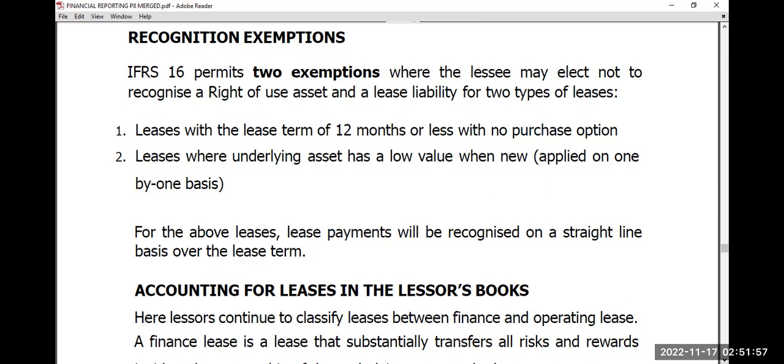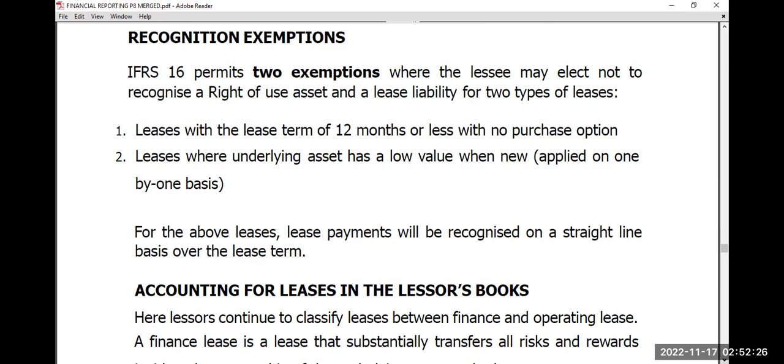But the question is, if those assets are not going to go through that procedure of accounting for a right-of-use asset and the lease liability, then how are we going to be accounting for them? And we are saying that for the above leases, lease payment will be recognized on a straight line basis over the lease term.